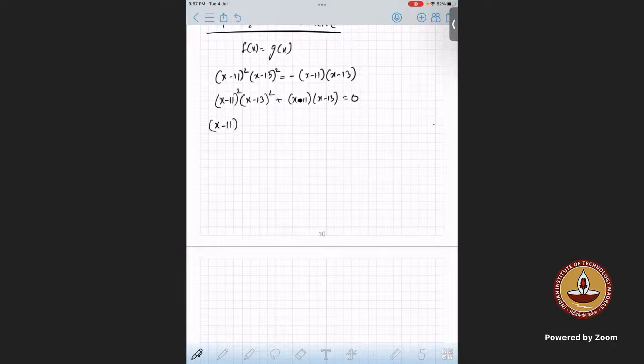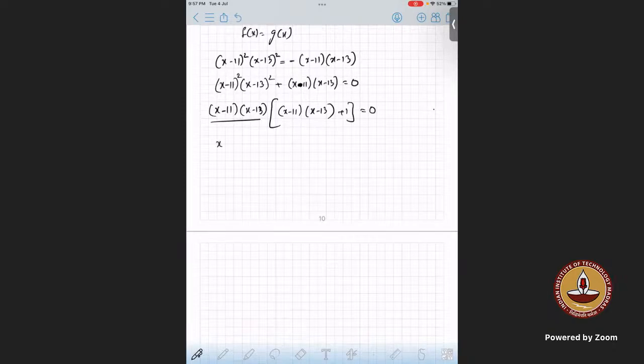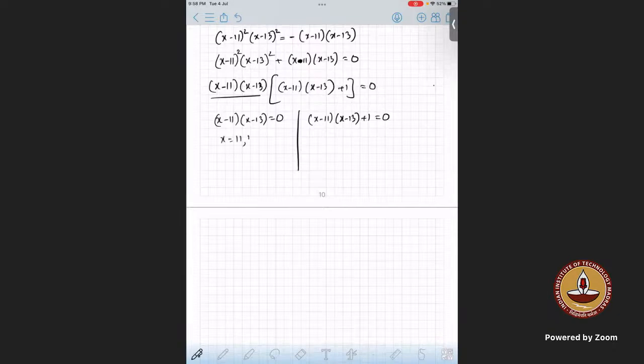We will take this common and then we will get (x minus 11)(x minus 13)(x minus 11)(x minus 13) plus 1 equal to 0. So you got roots like (x minus 11)(x minus 13) equal to 0 and (x minus 11)(x minus 13) plus 1 equal to 0. So x equal to 11, x equal to 13.